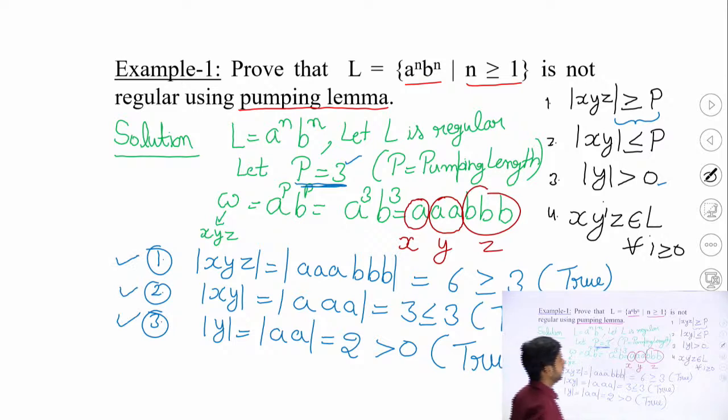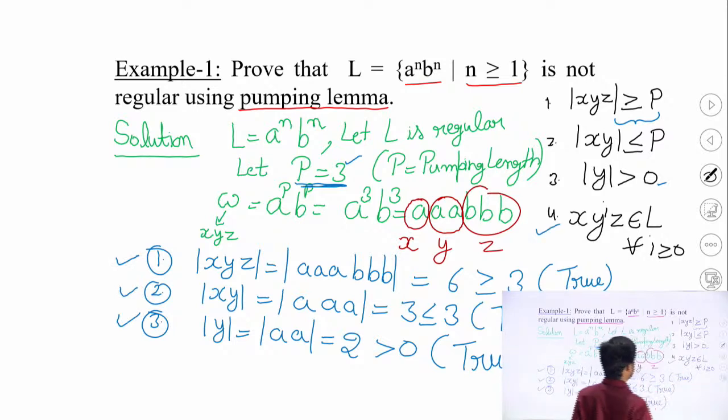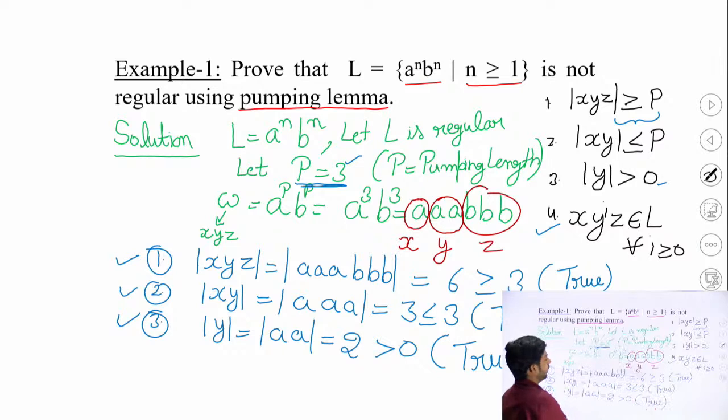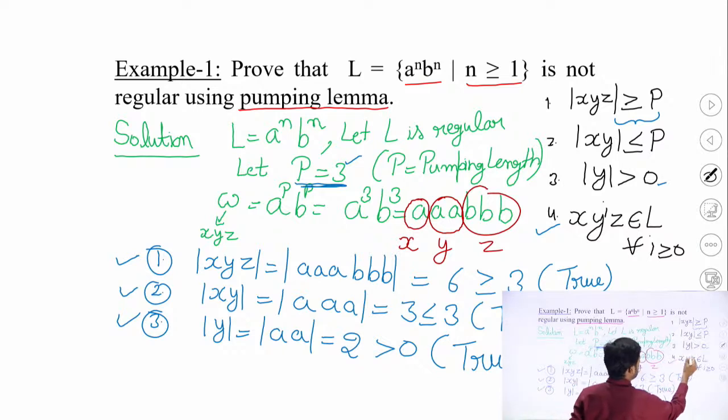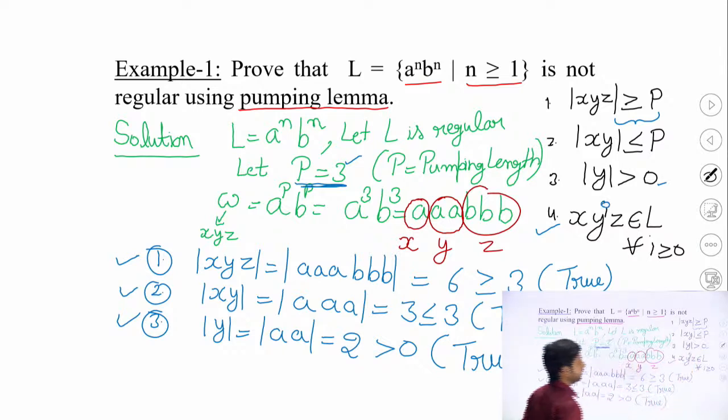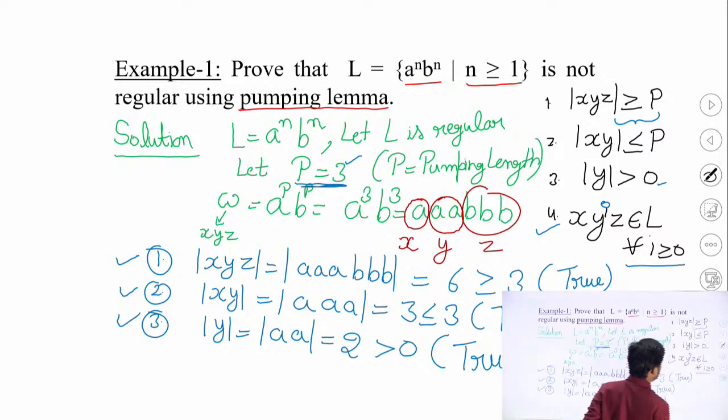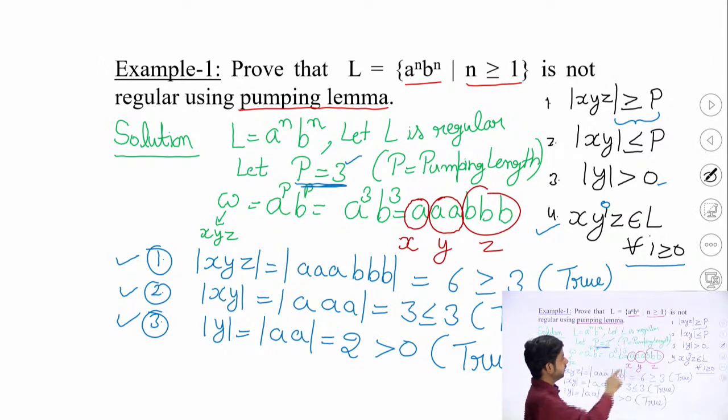Now let us see the fourth one: x y^i z belongs to L for all i greater than or equal to 0. This must be satisfied. If any of the conditions fails, then we can say that the condition is failed.